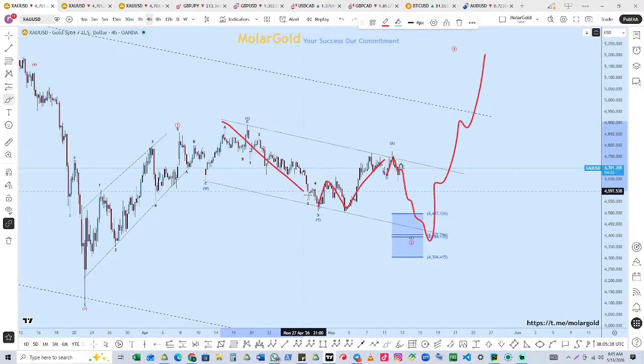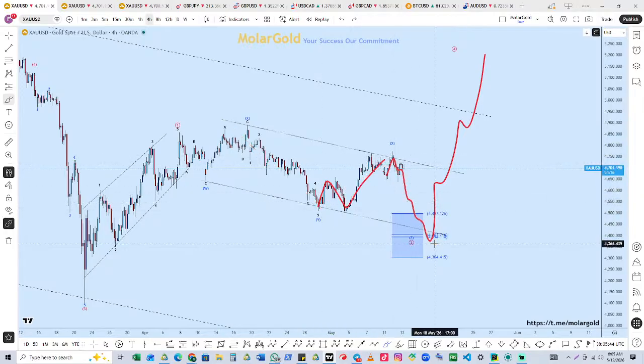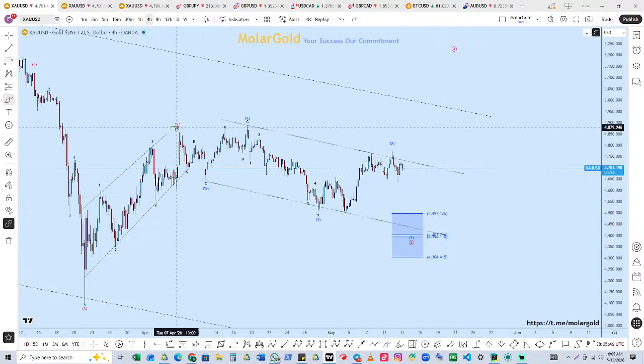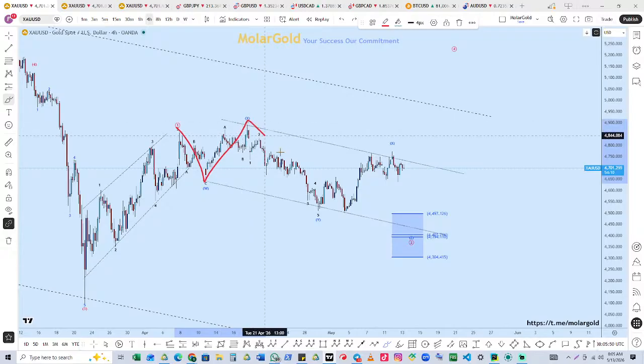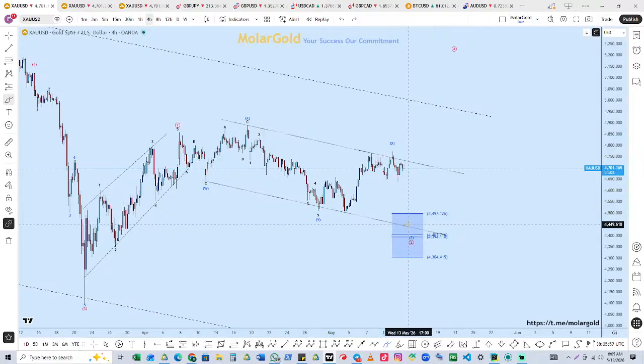This will give us A, B, and C, or the full structure W, X, Y, X, Z. That is the other possibility I gave.